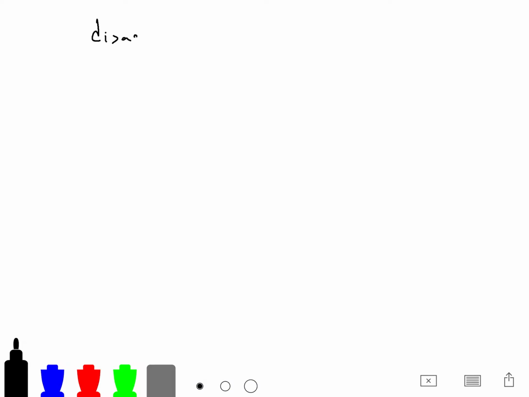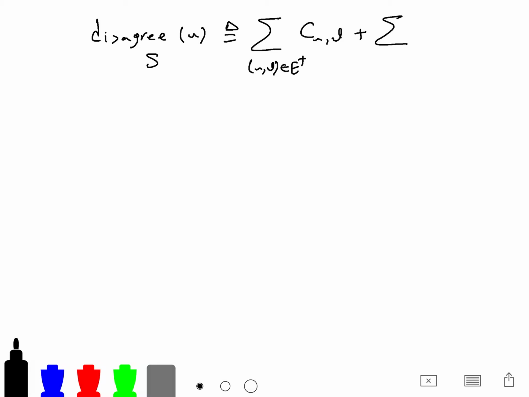Mathematically, you want to reduce the disagreement of that partition S, and for any vertex u, you have a different disagreement. So u and v is a positive edge, but v is not in Si.